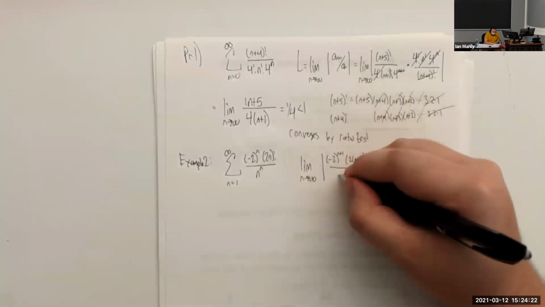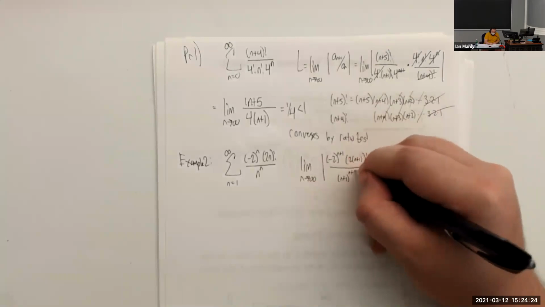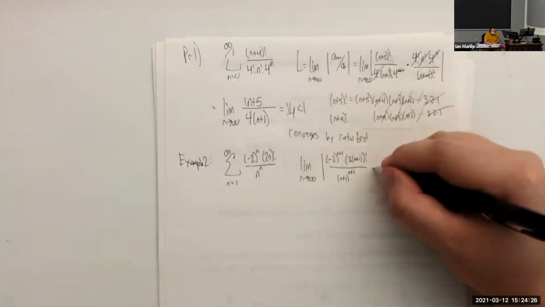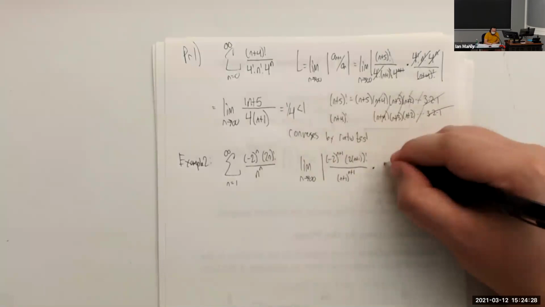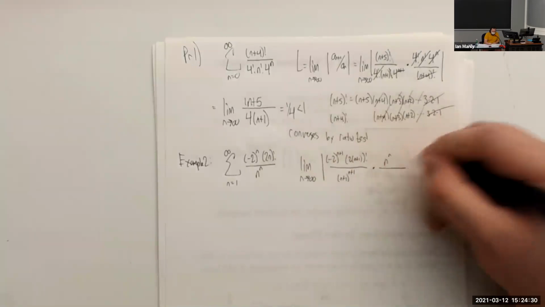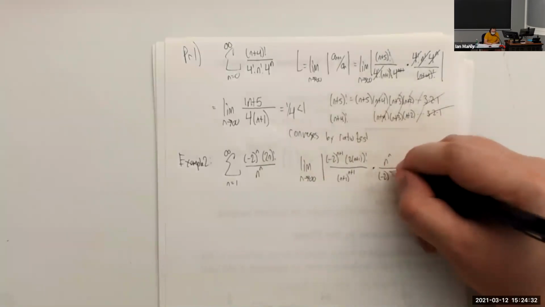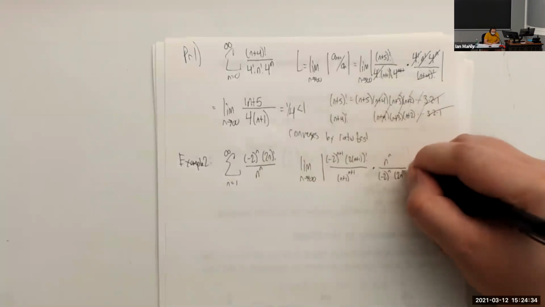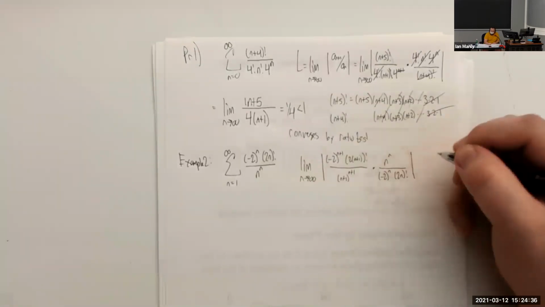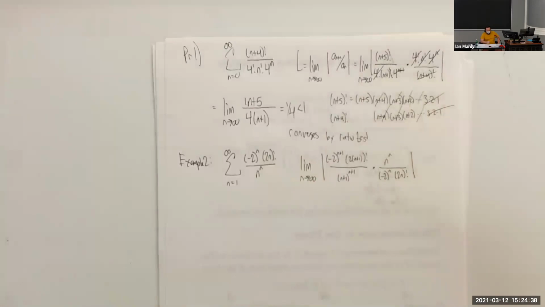And then we have (n+1)^(n+1). And then we multiply by the reciprocal of the original right here. All right, so let's see here. How are we going to cancel this out?